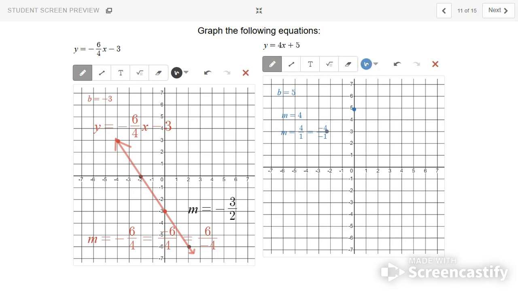I'm going to use this one, negative 4 and negative 1. So 1, 2, 3, 4, across by 1, 1, 2, 3, 4, across by 1, and I could do it once more, just for good measure, and we have our line here. So the line y = 4x + 5.